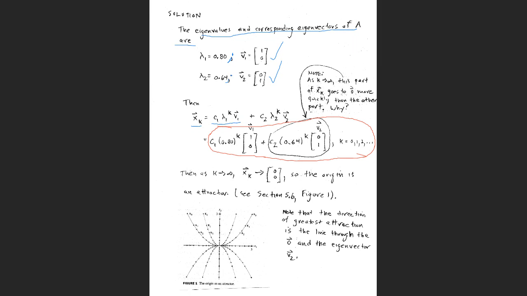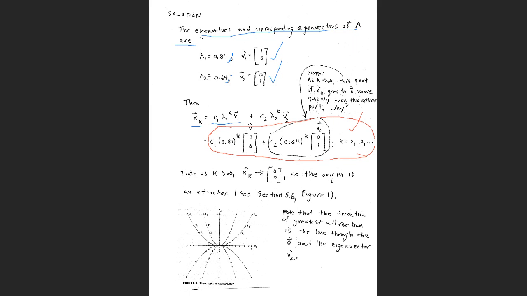Okay. But to plot the trajectories accurately, we need to basically analyze our expression for x sub k.